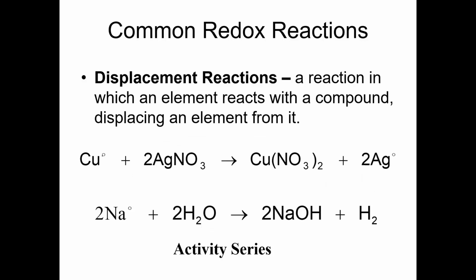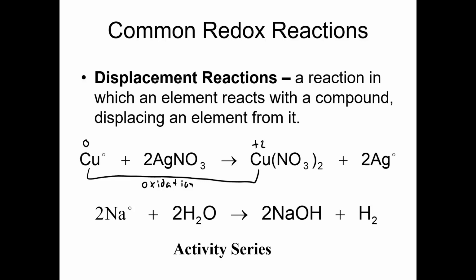Copper is already here, has a little 0 there, so we know that's 0. I'm going to write it above anyway. Here, copper is combined with nitrate. If nitrate is -1, it has to be +2. So here's your oxidation. Okay, so copper is being oxidized. It in itself must be the reducing agent, and what it reduces is the silver.